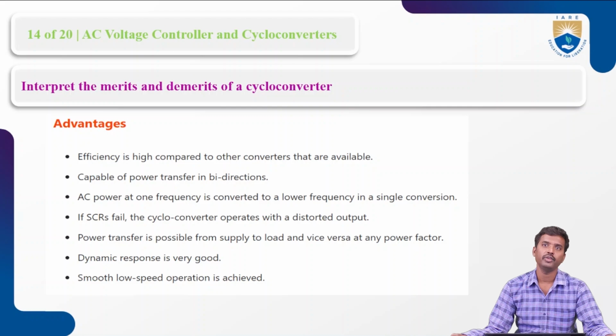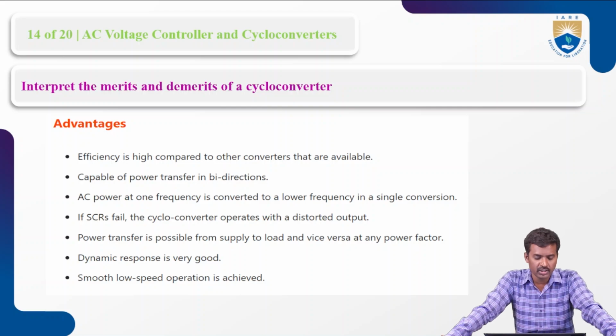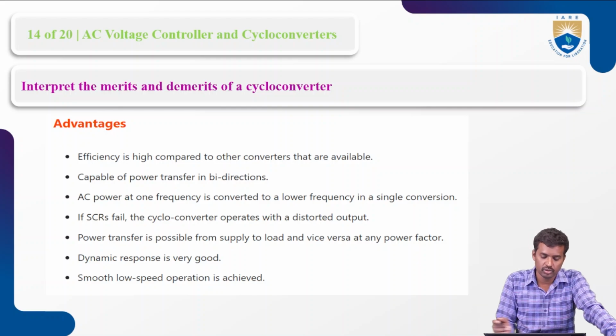Power transfer is bidirectional, not unidirectional. If an SCR fails, the cycloconverter operates with a distorted output, and power transfer is possible from the source to the load and vice versa from the load to the source.